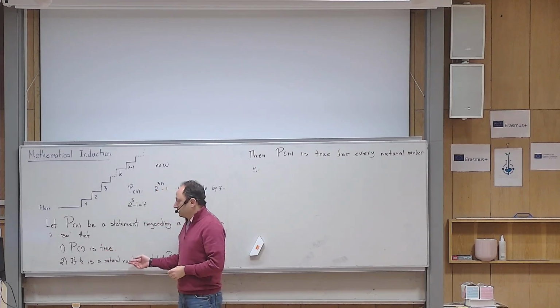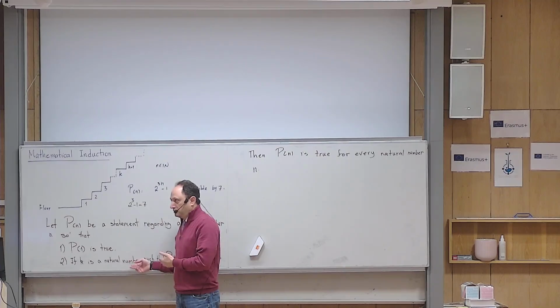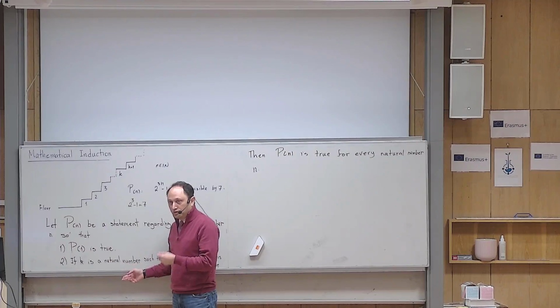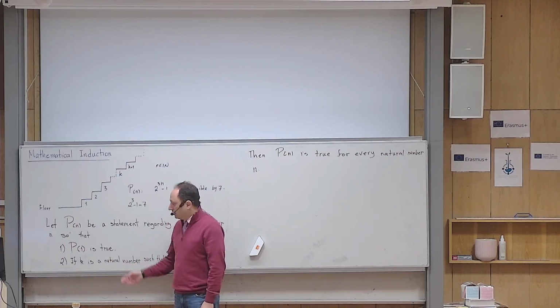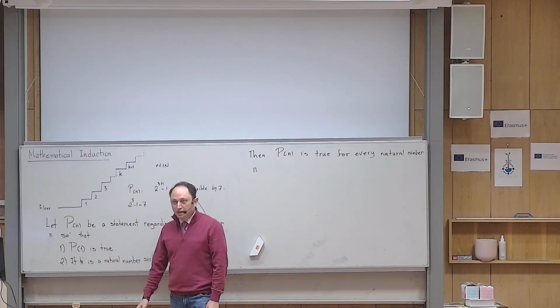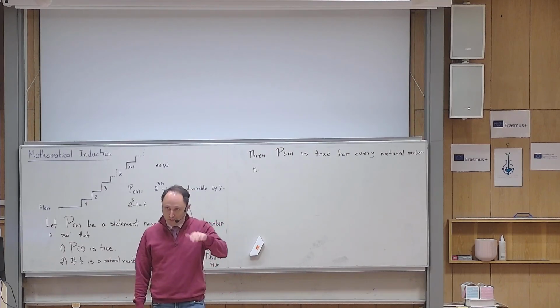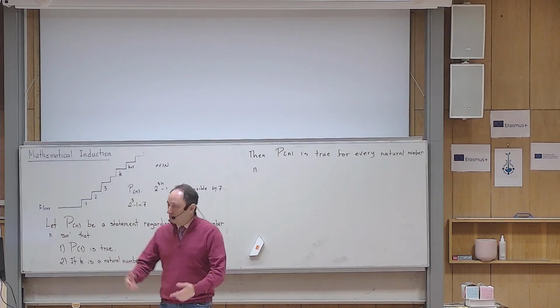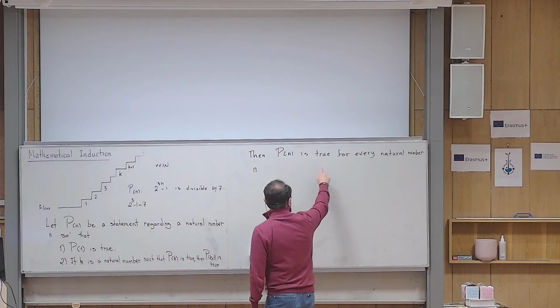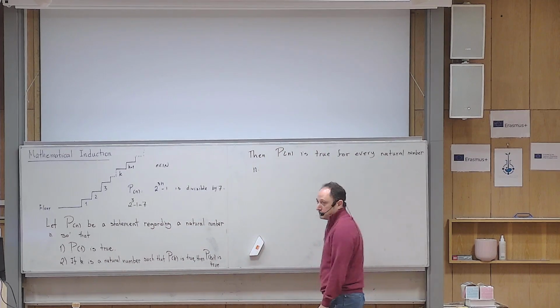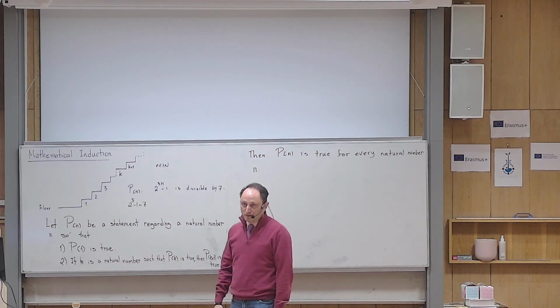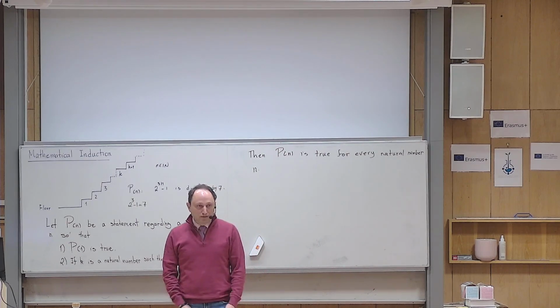This tells you that if you are on level number k, whatever k is, you can go to the next level, k plus 1. These two together mean that you can climb all these levels. This means that my statement is true for every natural number. Yes? Is that understandable? Is it hard or not?